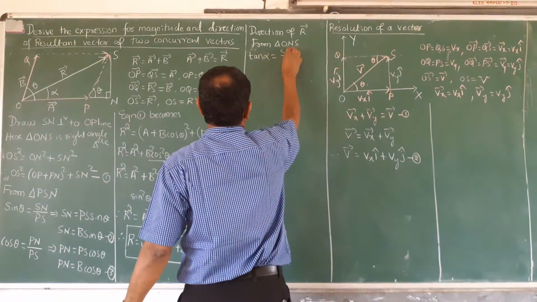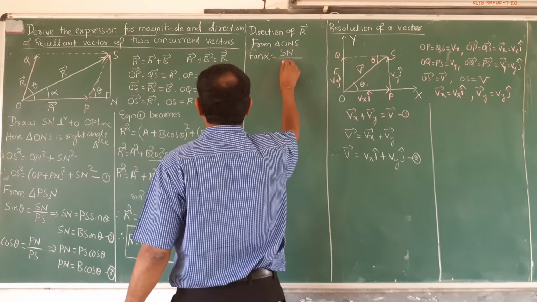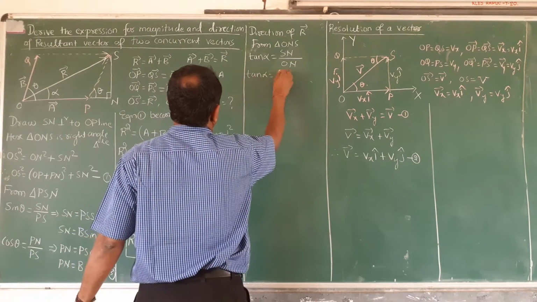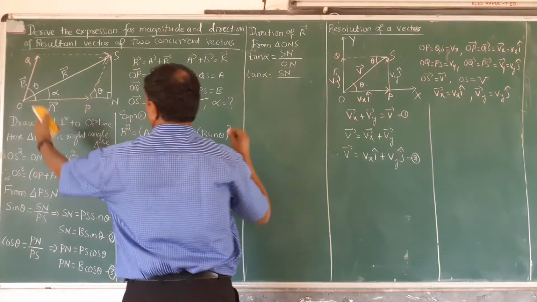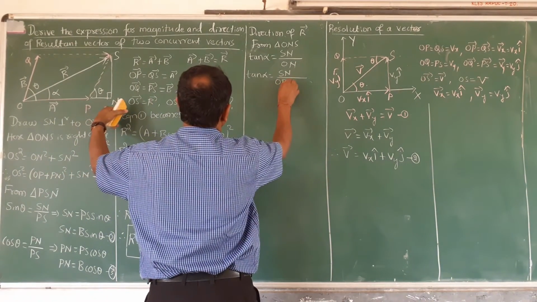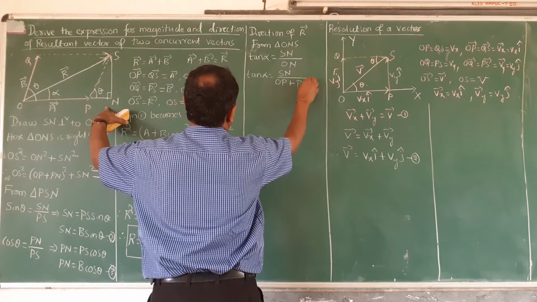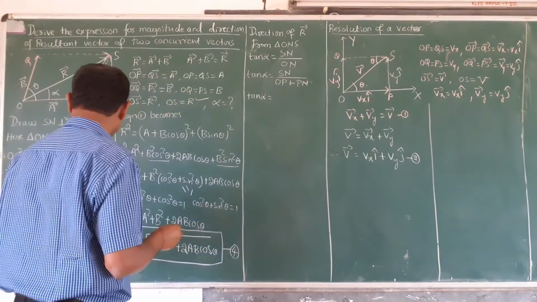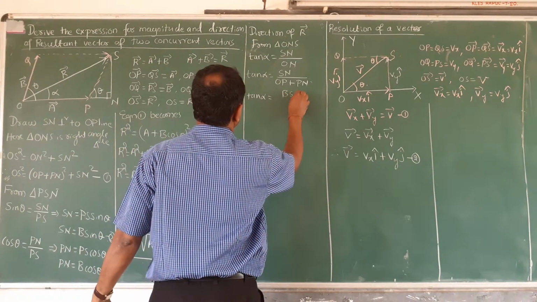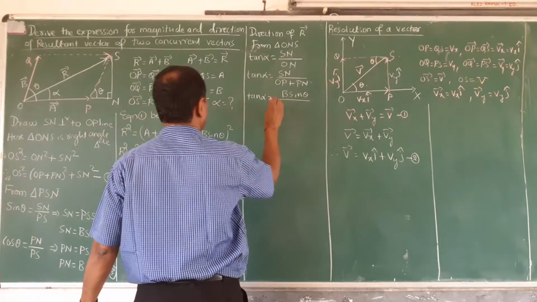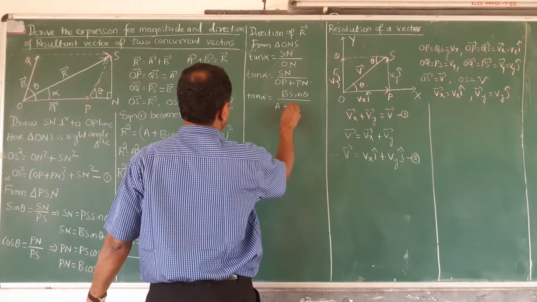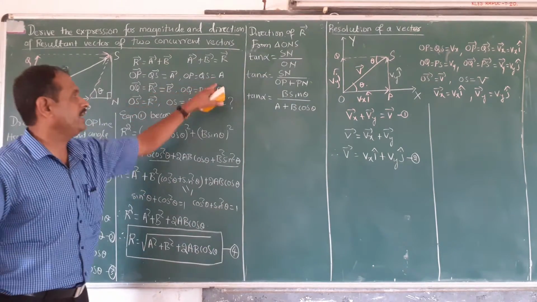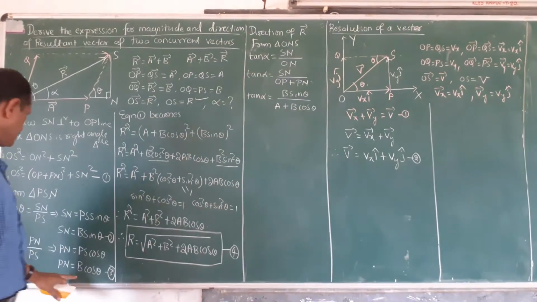That is SN divided by ON. Tan alpha is equal to SN divided by ON, which is OP plus PN. Now SN is B sin theta. B sin theta divided by, this is very important, OP is A plus PN, which is B cos theta. Here OP is A, PN is B cos theta.